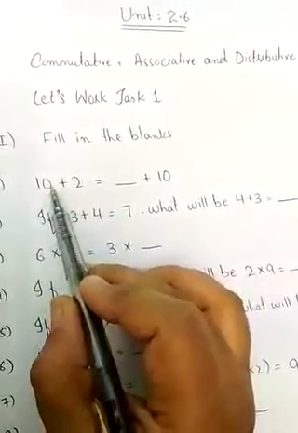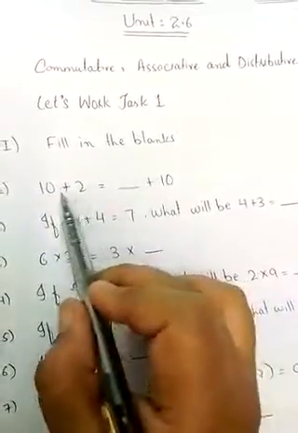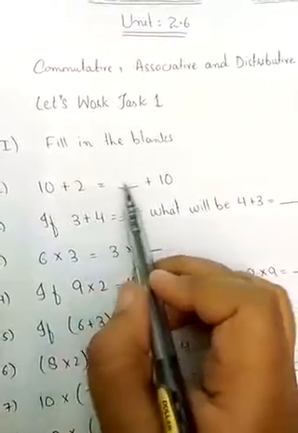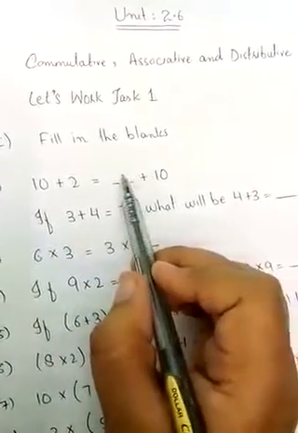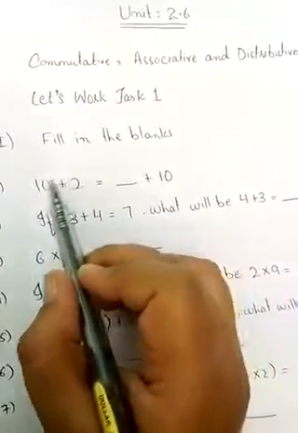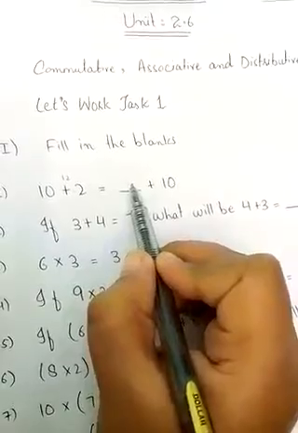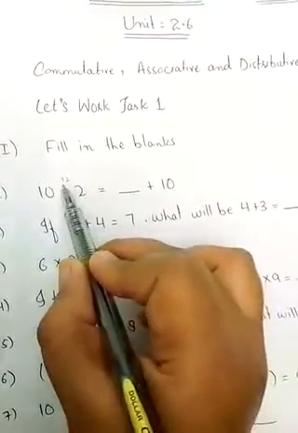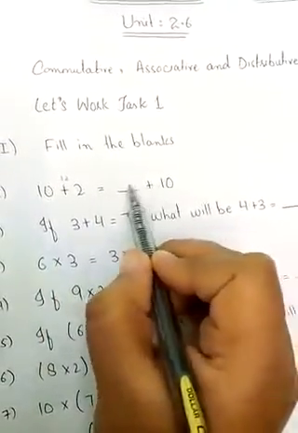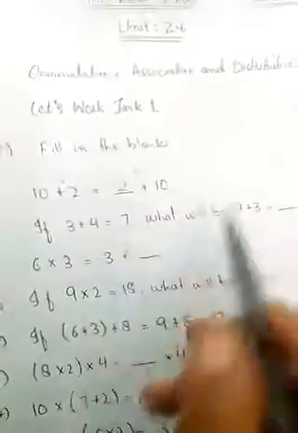So the first one is 10 plus 2 is equals to dash plus 10. What we have to write in the blank to make both sides equal? 10 plus 2 is 12. So what we have to write in the blank to make this side equal to 12? When we add 2 into 10, we get 12. So we have to write 2.